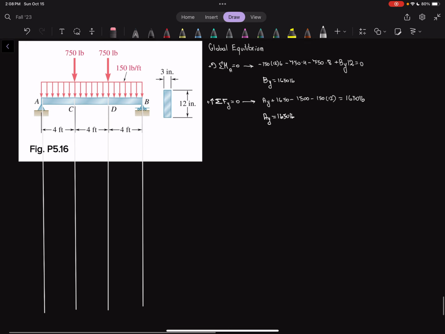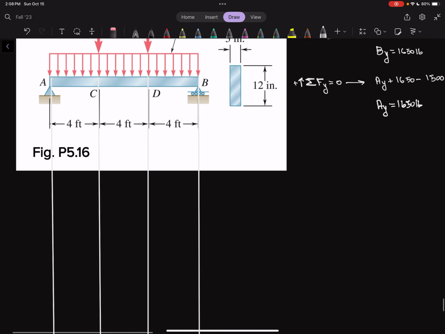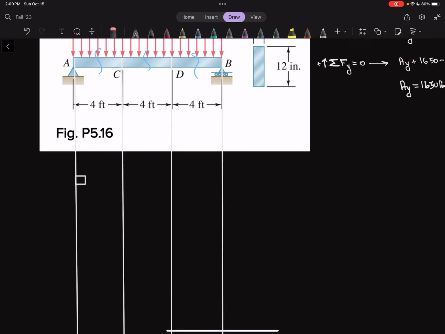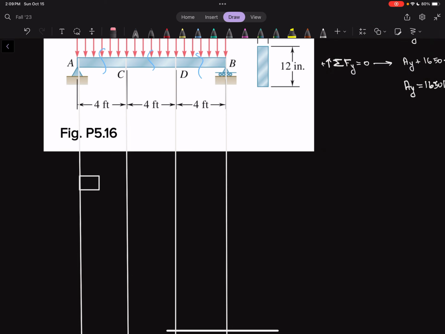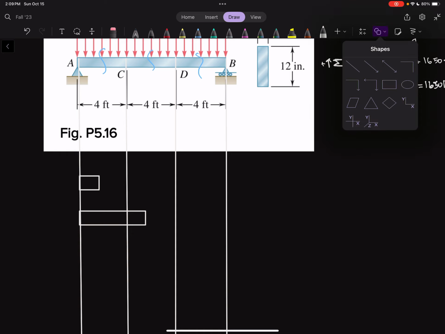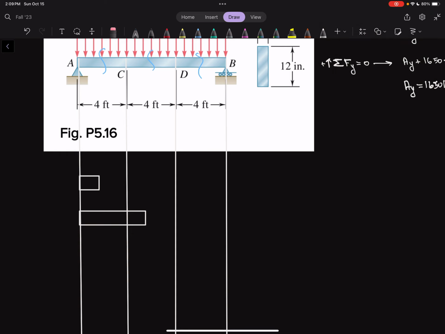Okay, so now we're gonna decide our cuts here, here, here. We're now going to draw our cut beams. So right here is the first one. Then we're gonna have another one right here. And then finally, we're gonna have one last one right here.